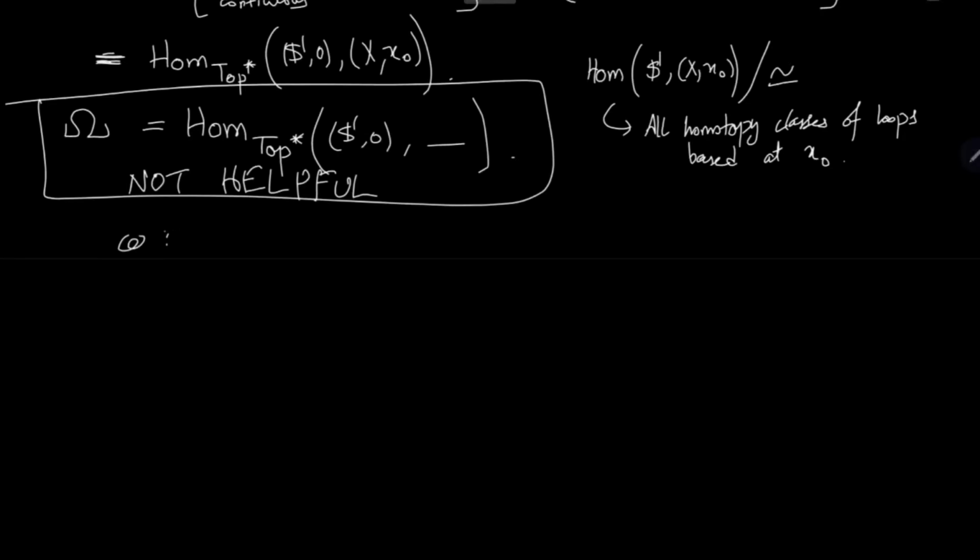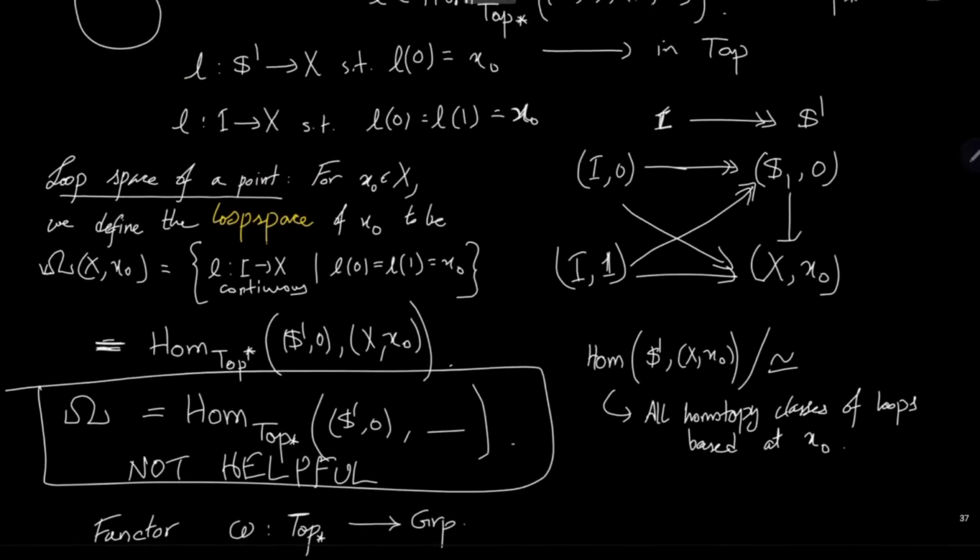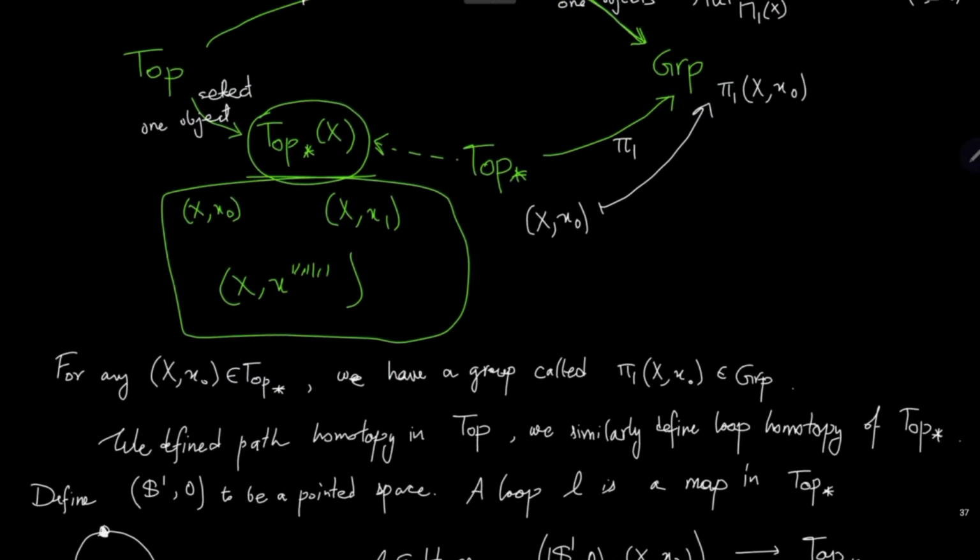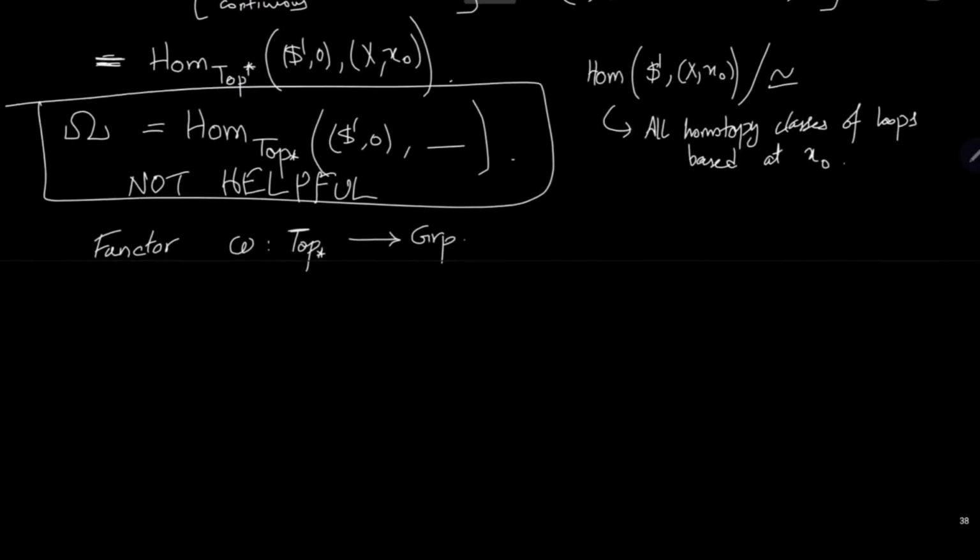So what we can do is define this omega to be a functor from Top star, the star is at a wrong position here, Top star to, I think it should be Grp. Yeah. So finally we have this fundamental groupoid functor, and at this point we can call this pi1.